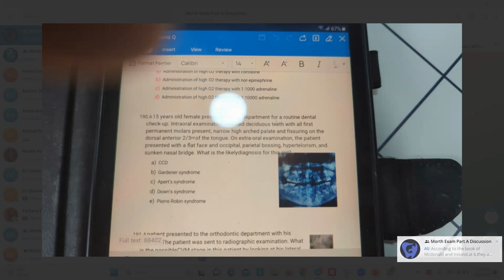On clinical exam, the patient presents with a flat face, occipital parietal bossing, hypertelorism, and sunken nasal bridge. This is not like cleidocranial dysplasia. Yes, but if you see the teeth are not present, when they are combined, we can see Gardner syndrome.